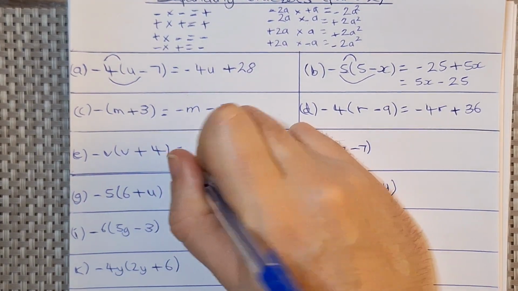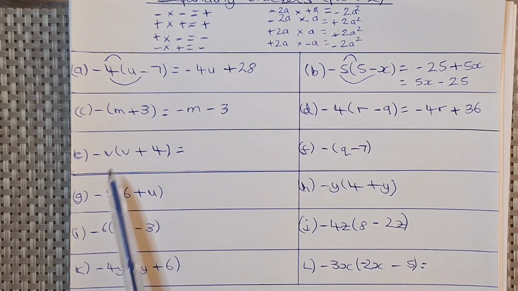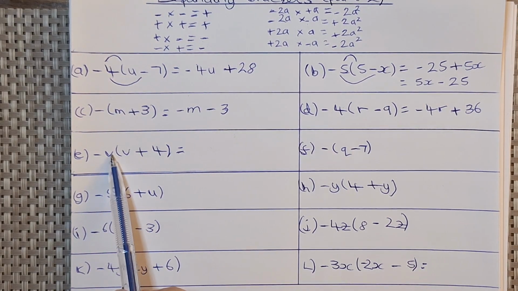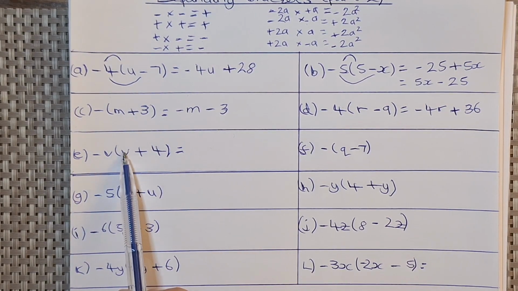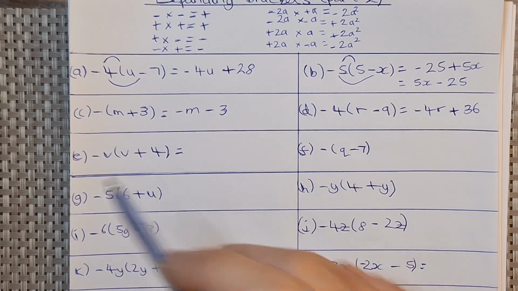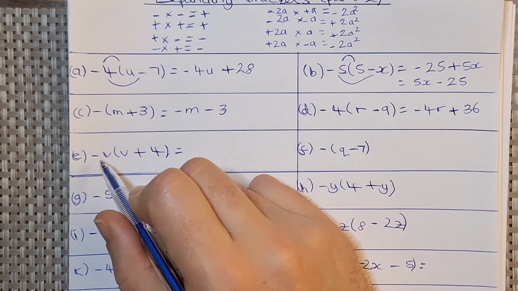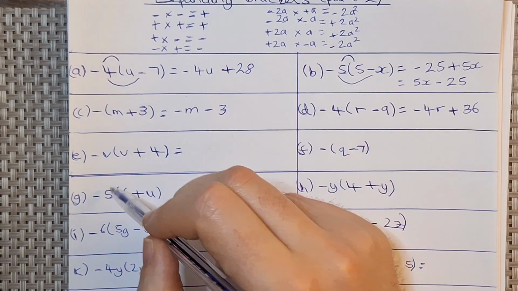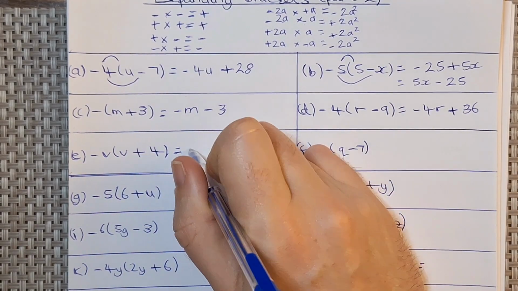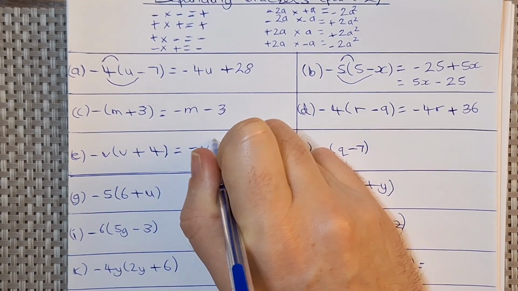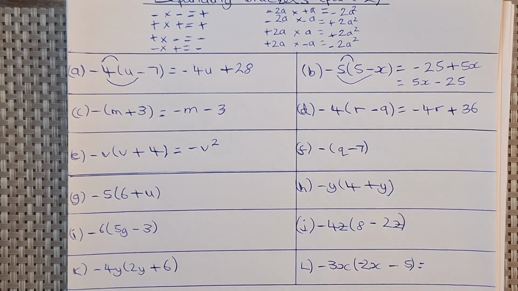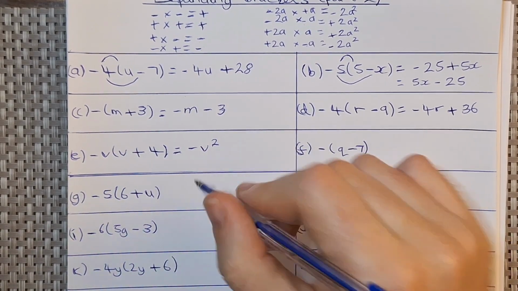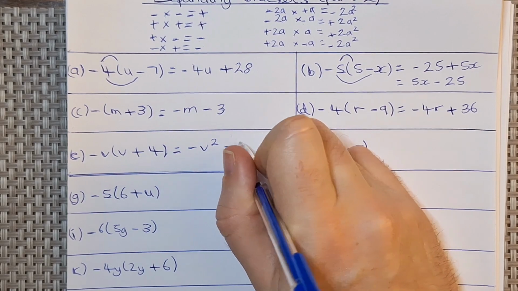Next question. We've got minus v times v. v times v, using our powers, is v squared, and minus times positive is minus v squared. Minus v times positive 4 gives minus 4v.